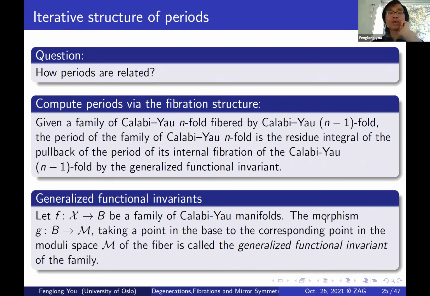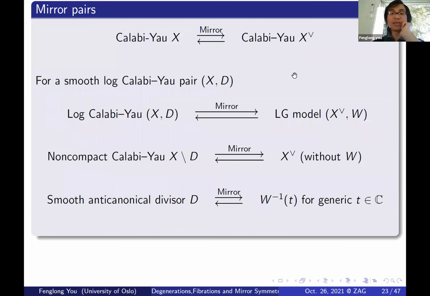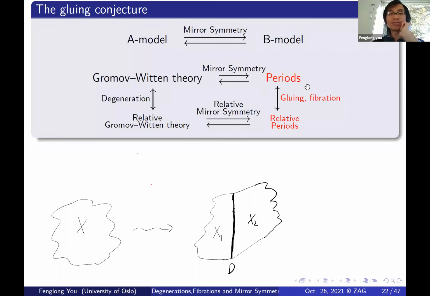So, as stated before, the periods of a Calabi-Yau are related to Gromov-Witten invariants, and relative periods are related to relative Gromov-Witten invariants.